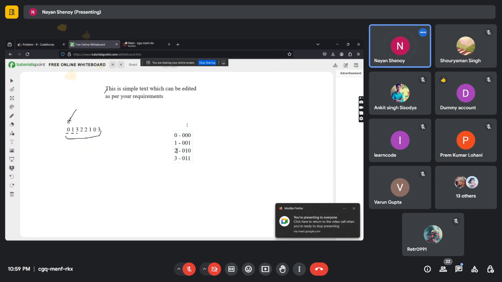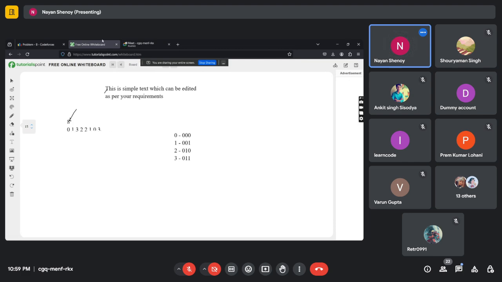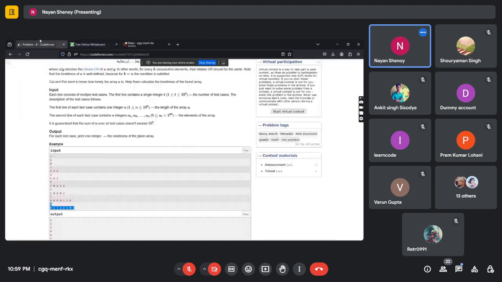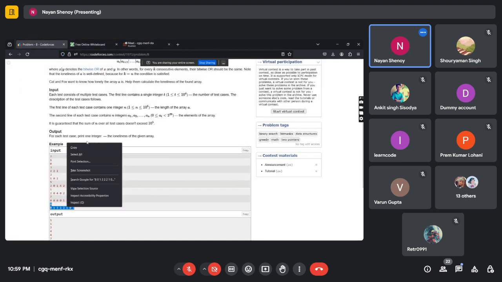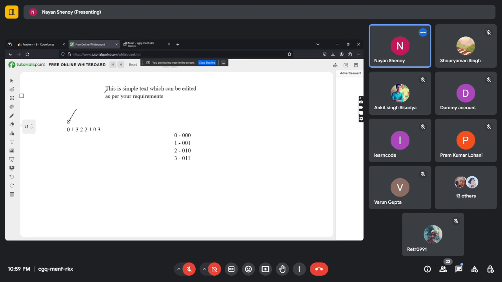Okay. So this was given. So now let's start one by one. Let's dry run and check. So now we'll check subarrays of size 1 each individually.